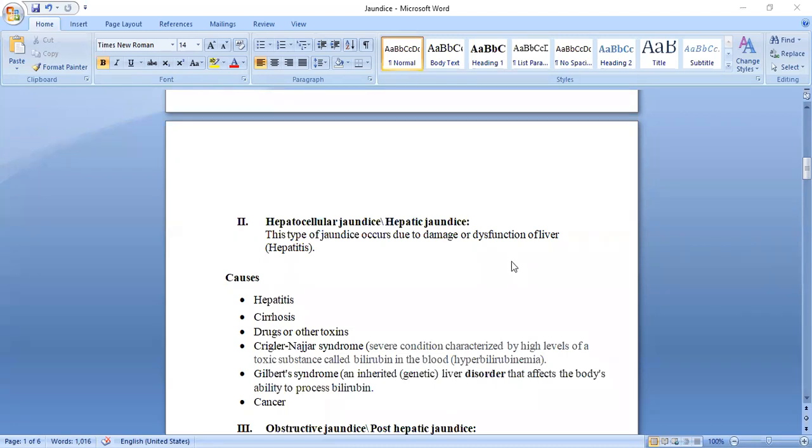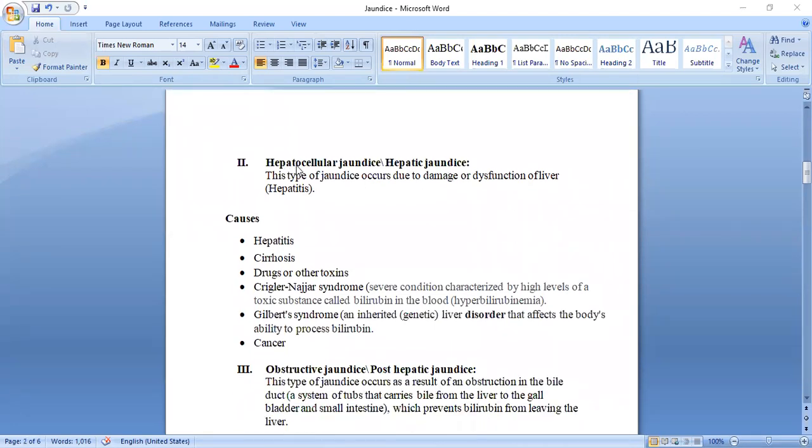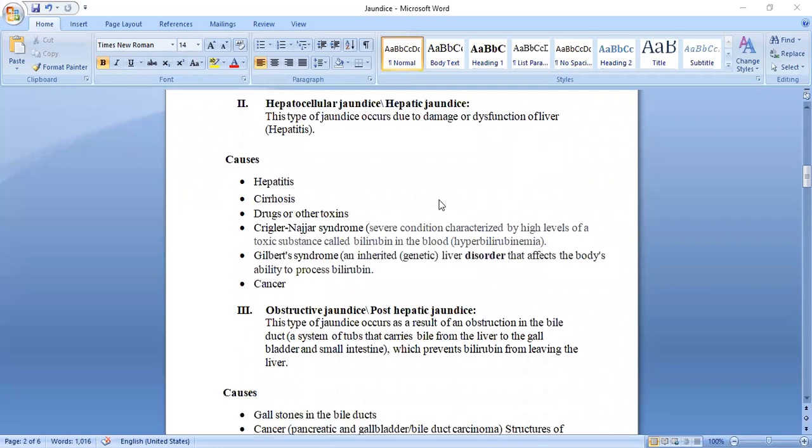So in the liver, that is why it is called hepatic jaundice. The cells are damaged and dysfunctioning. What are the causes? Hepatitis, meaning inflammation of the liver, cirrhosis, and drugs or other toxins also are causes.